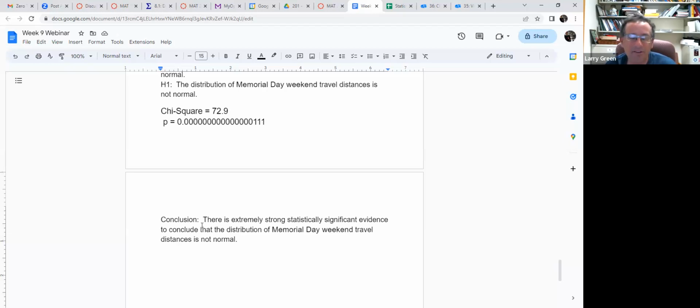So the first thing you do is you say, what's the answer to the survey question or questions? If the answer or answers are not yes, no, and not quantitative numbers, then this is chi-squared.